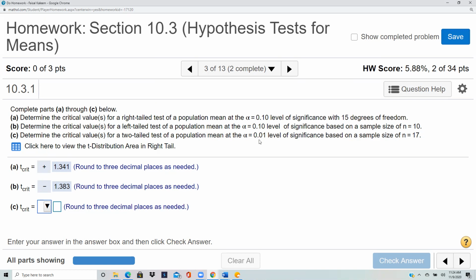It's 1 minus 0.01. So you put 1 minus alpha in the middle for a two-tailed test. You're looking for two values, so you would be doing the between, and you do 1 minus alpha. So 1 minus 0.01 is 0.99.